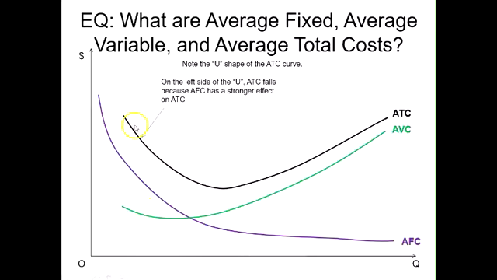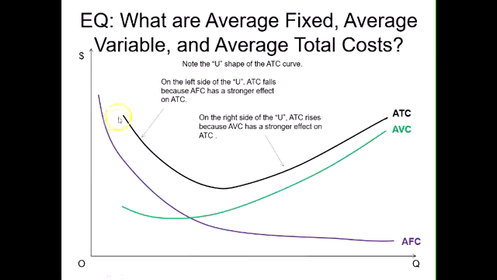But then as average fixed cost gets lower and lower, average total cost gets lower and lower. But then there's going to be a point right down here where, on the right side of the U, average total cost rises because average variable cost has a stronger effect on average total cost and pulls it up.